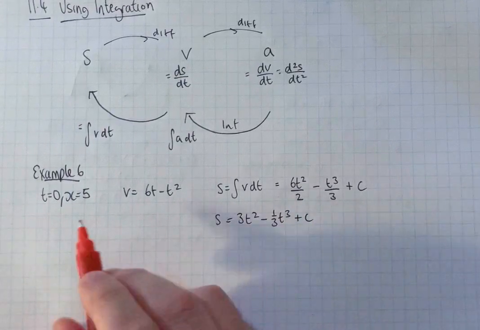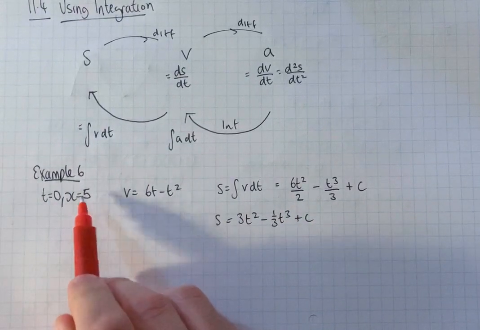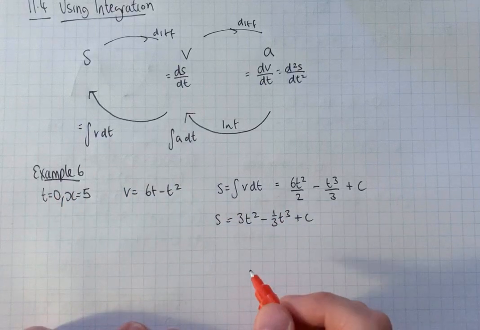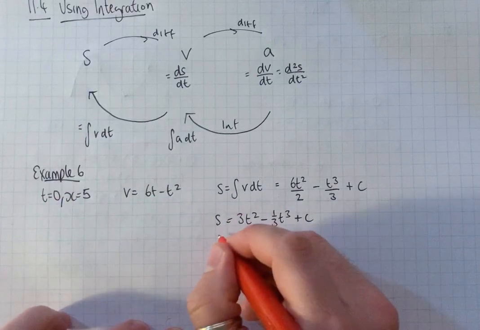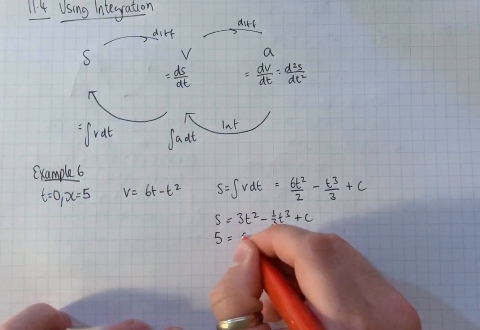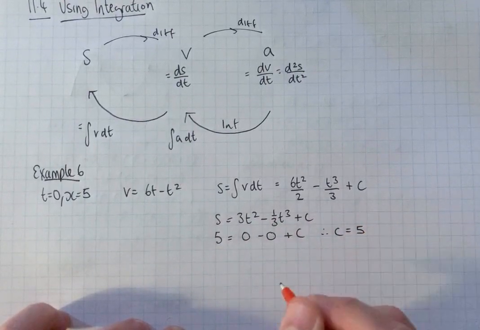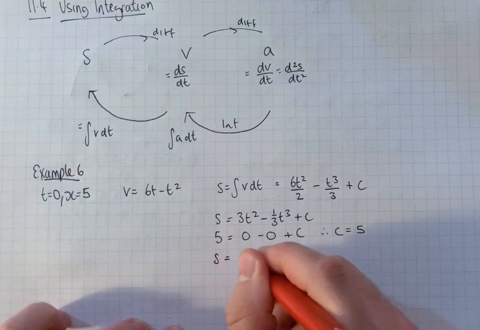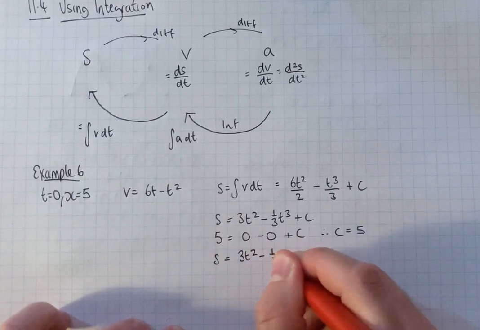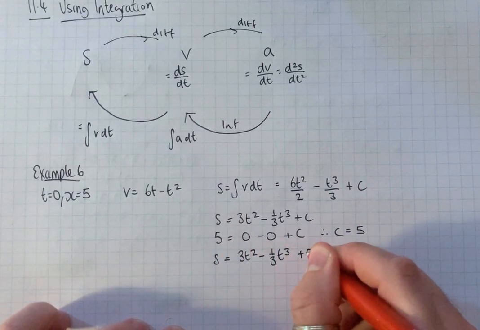Now remember also in the question we're told when t equals 0, x equals 5. Same thing here. So when t equals 0, the displacement is 5. 0 minus 0 plus c, therefore c equals 5. So our complete equation is s equals 3t squared minus a third t cubed plus 5.